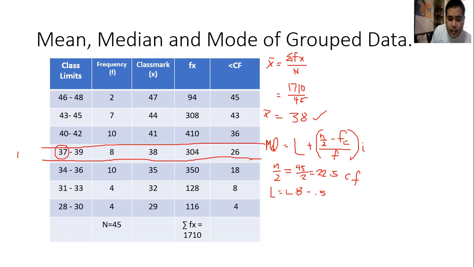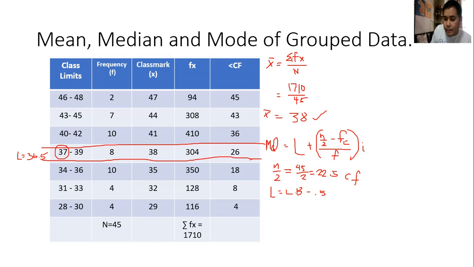So, that means our L now is equal to 36.5. So, you cannot get any lower boundaries here. Okay, remember, we have our median class. That's why we put a demarcation line. So we have now 36.5.